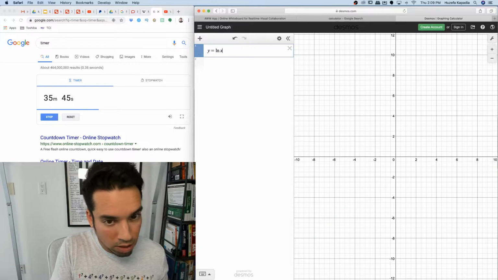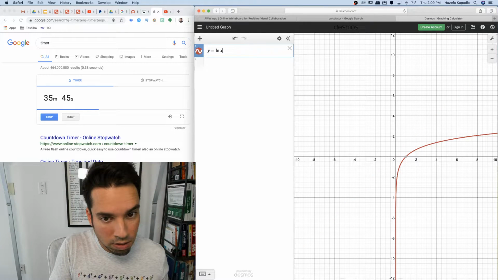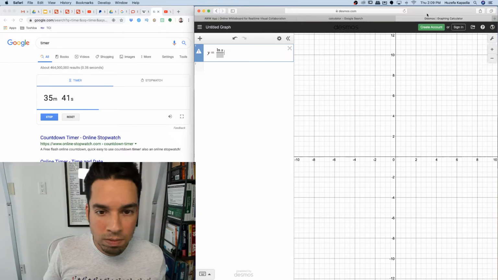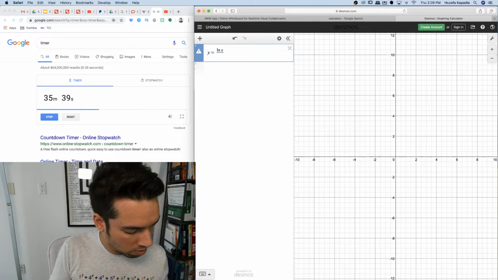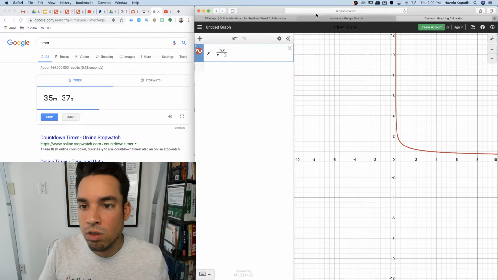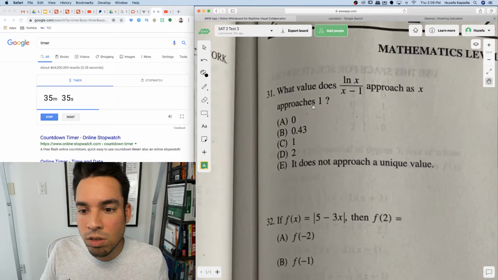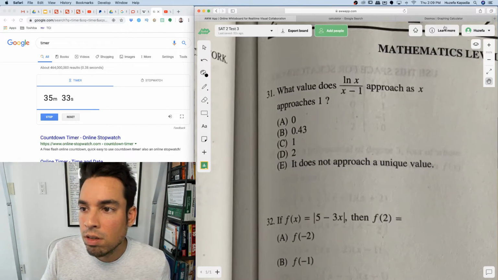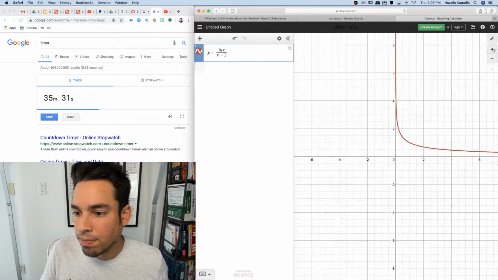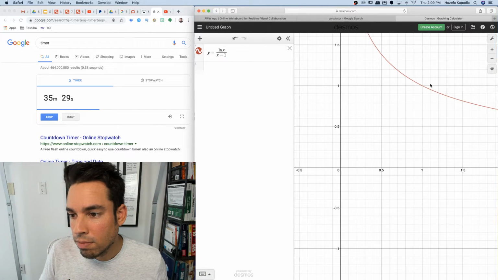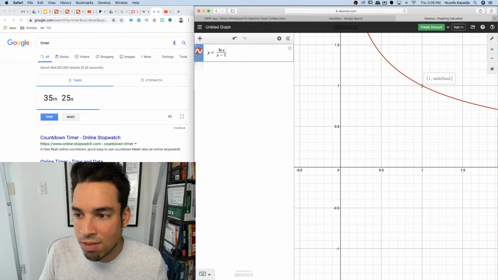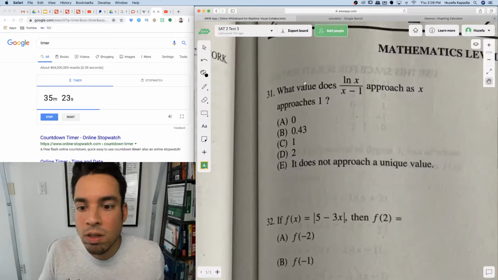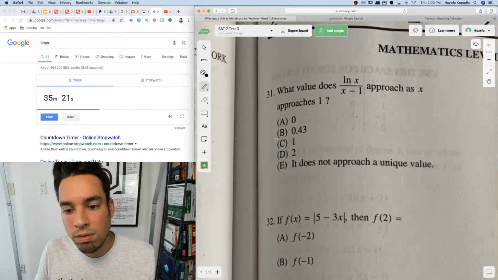Y equals ln of x over x minus 1. So it says as x approaches 1. Okay, let's see. Oh, it approaches 1. And see, it's undefined there, but it approaches 1. It does approach a unique value.